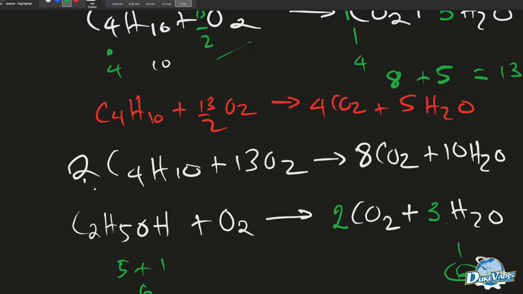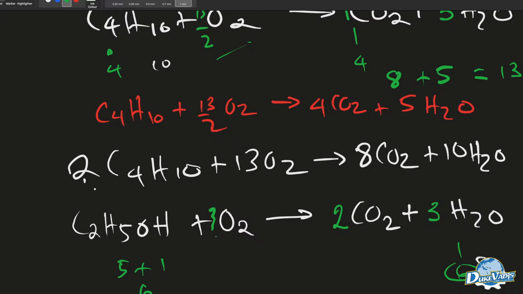But it affects the oxygen. So the oxygen becomes 3 plus 4, that is 7. Have you seen it? So ethanol. Now if we put 3 in front here, we are going to get our oxygen here to be 6. Then when we add this one, we'll make it 7.